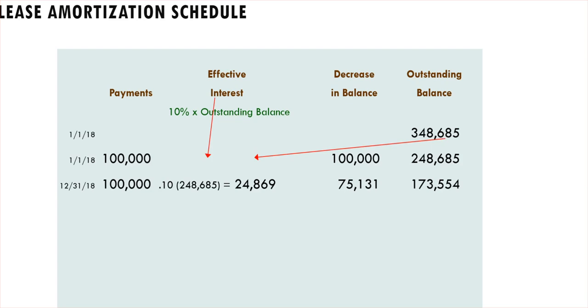And the amount of interest for the first year, you need to use this number, because technically, I suppose this number here should be 1/1/2019, this date here. But the difference between 12/31/2018 and January 1st, 2019 is 1 day. That is really immaterial.